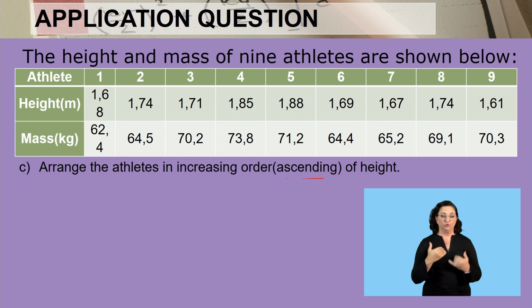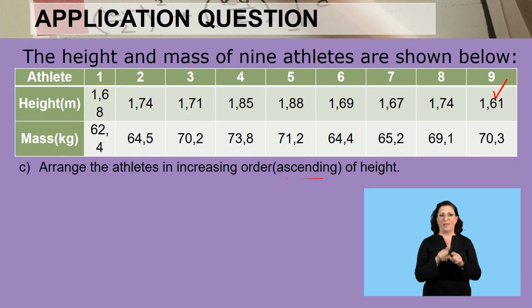We're going to tick off athlete 9 because we said he is the shortest. So we start with 1.61. And with this, we don't worry because every one of these decimals has the same decimal places.